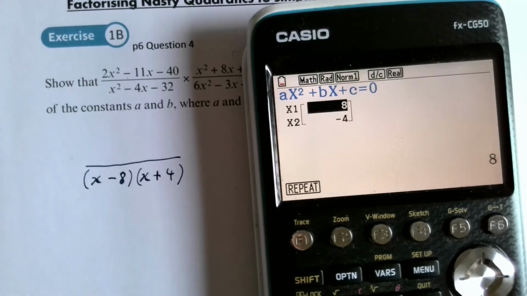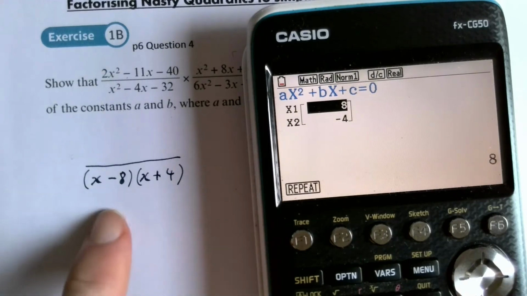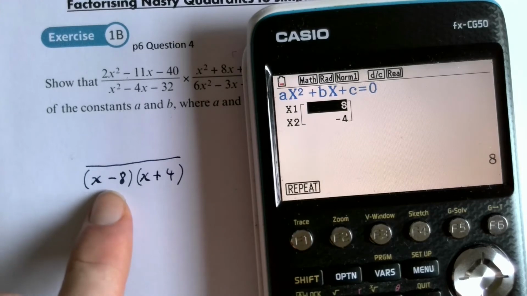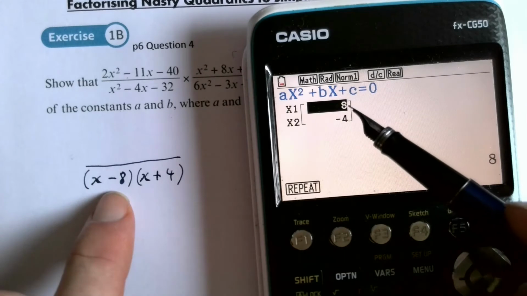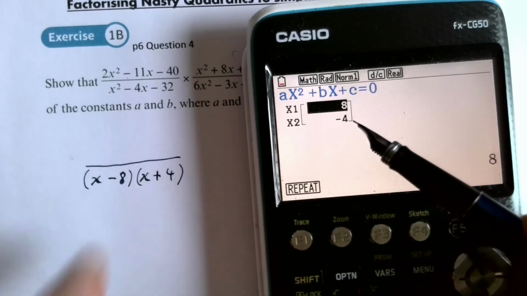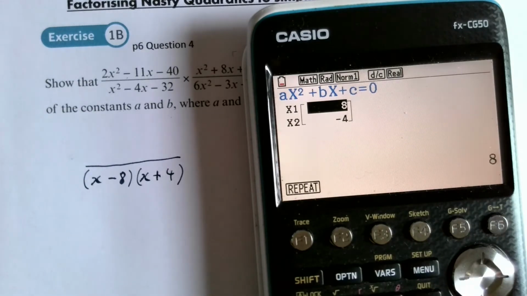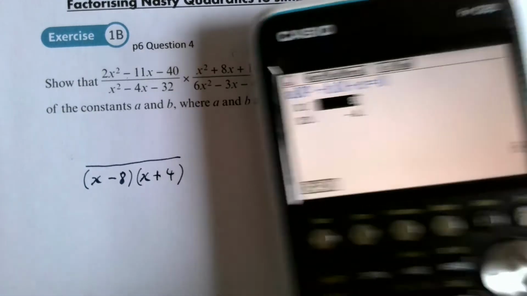Now when I press execute on that, it gives me positive 8 and negative 4. That's because that's the solution of this, and for the solution you need the brackets to be worth 0, don't you? So if you use the calculator, you've got to change the polarity, swap it from negative to positive or positive to negative.